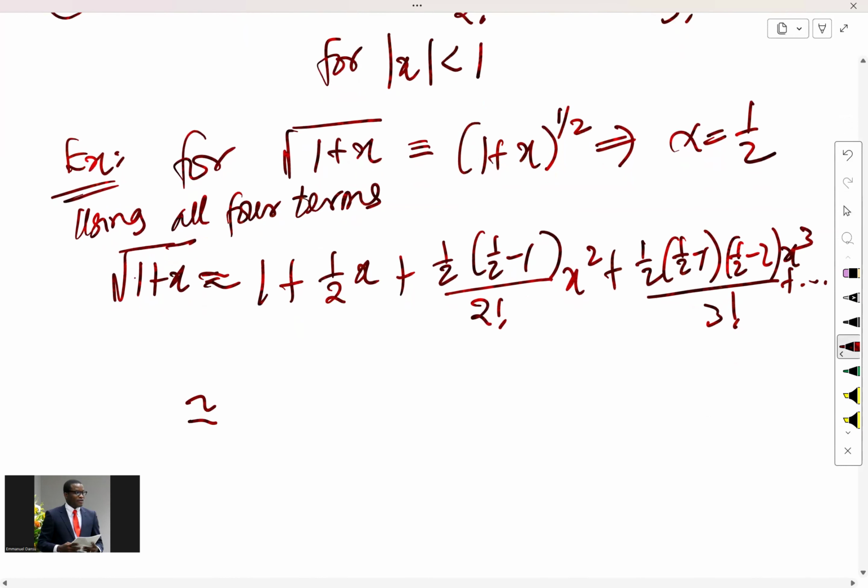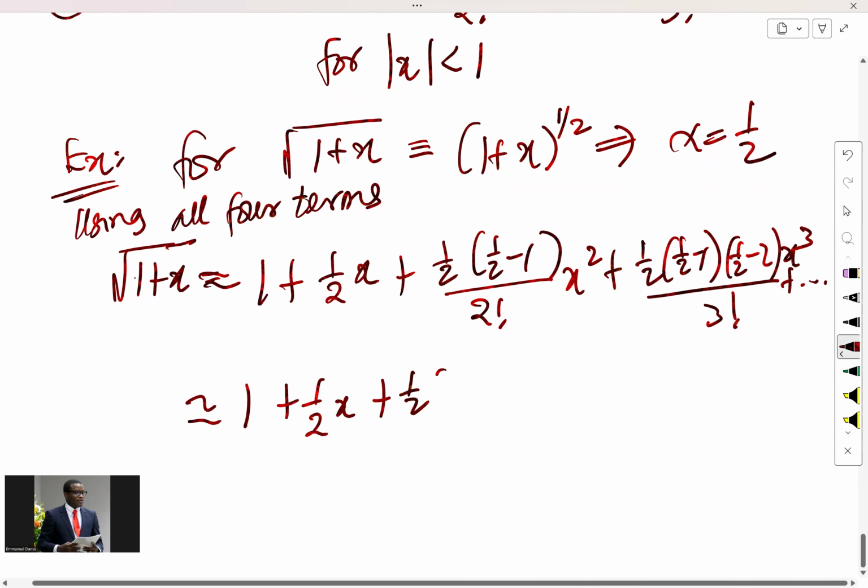So this is approximately 1 plus half x plus half into half minus 1, which is minus half, as you know. Then this 2 factorial, since it is down there, we can write it as 1 over 2 factorial, then x squared. So everything can be on the same line, plus 1 over 2. Half minus 1 is actually minus 1 over 2.